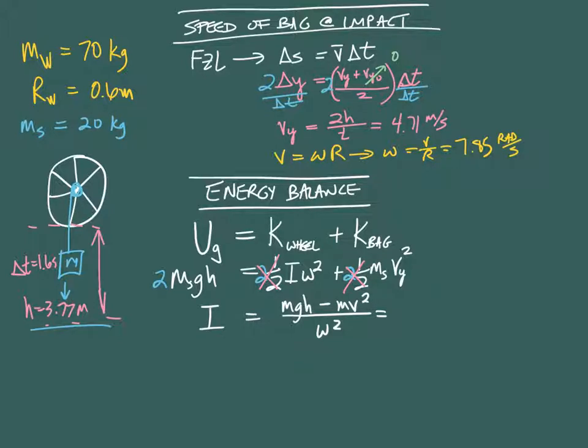And so if you plug and chug, put mass of 20 kilograms in for the mass factor, the gravity is 9.8, the height is 3.77, and this linear speed of 4.71 squared over the angular speed of it not squared.